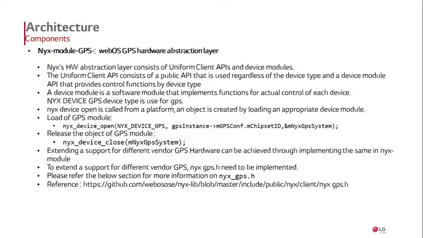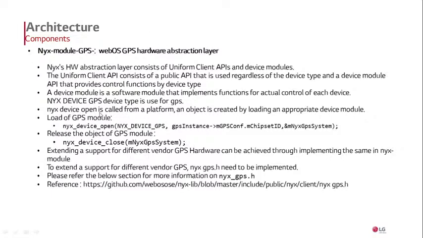The uniform client API consists of a public API that is used regardless of the device type and the device module, and provides the control functionality of the device type. A device module is a software module that implements the function for actual controlling of each device. Like in our case, the NYX device GPS device type is used for a GPS.